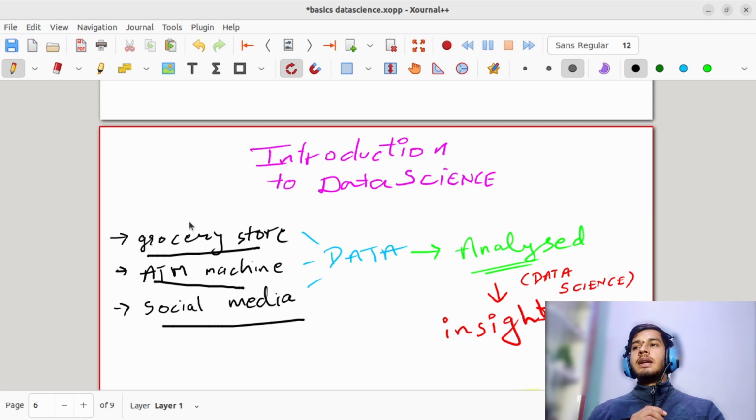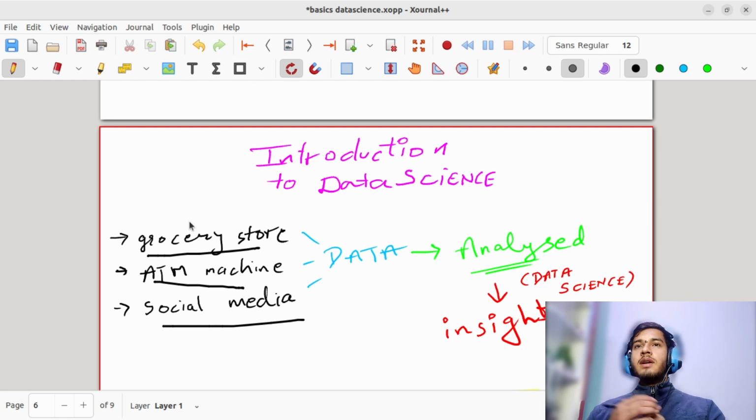Most of the time you get data from anywhere: from the internet, from people, from social media, from any blog you are reading, or Instagram whenever you are scrolling.